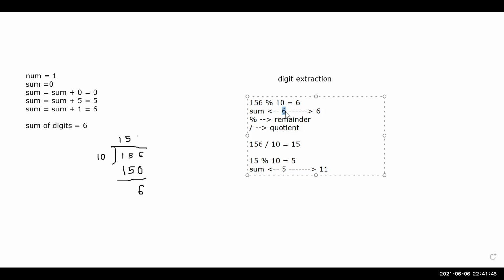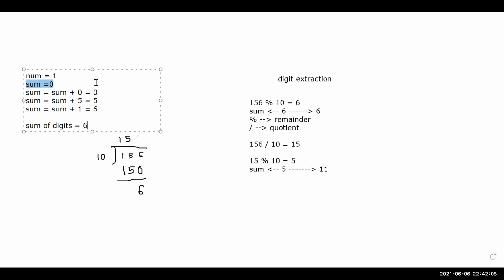So when we were adding 6 to sum, there should have been some initial value in sum. That's why you can see that I will initialize sum with 0. That is such a number that upon addition of a number the first time, it won't create much problem for us.